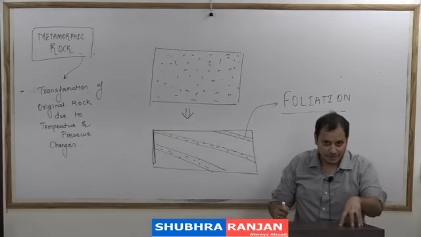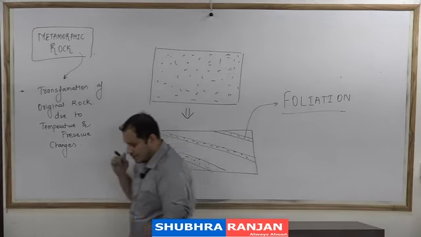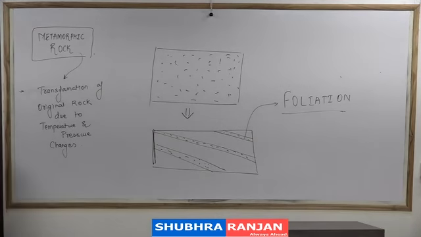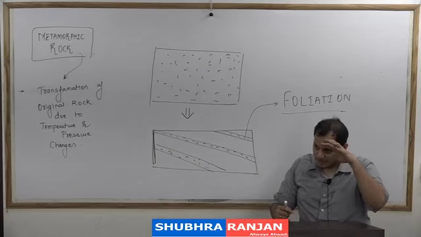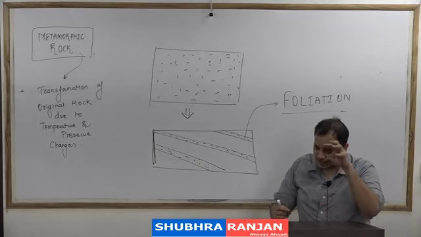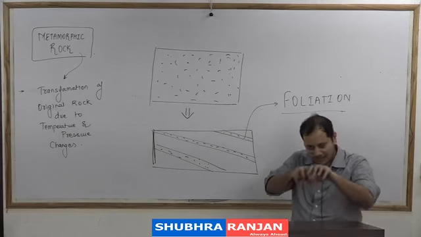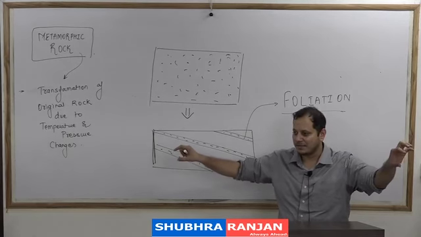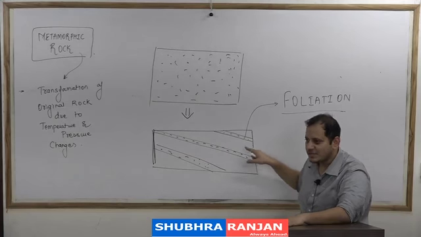That these are foliated rocks. So the third point is, these are foliated rocks. These crystals या जो minerals हैं, due to temperature or pressure changes, they undergo change in the chemical property, and after undergoing change in the chemical property, they get arranged in a similar manner. So as a result, we have bands on the rocks, and that is known as foliation.